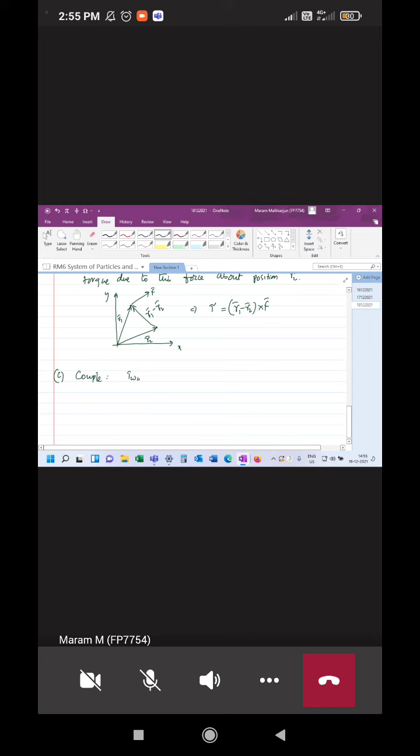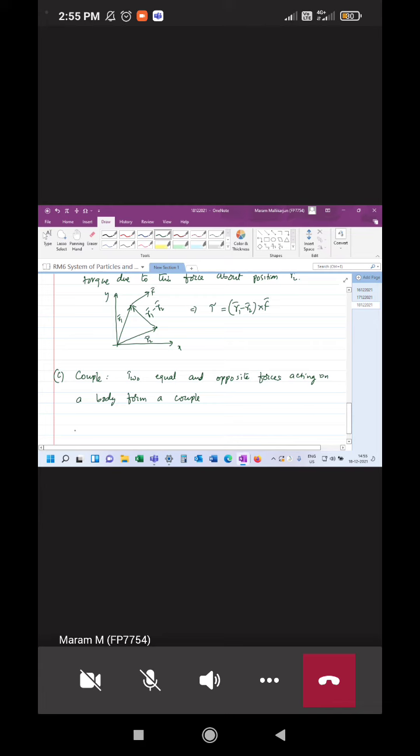Two equal forces acting on a body make a couple, or form a couple. Two equal and opposite forces acting on a body.